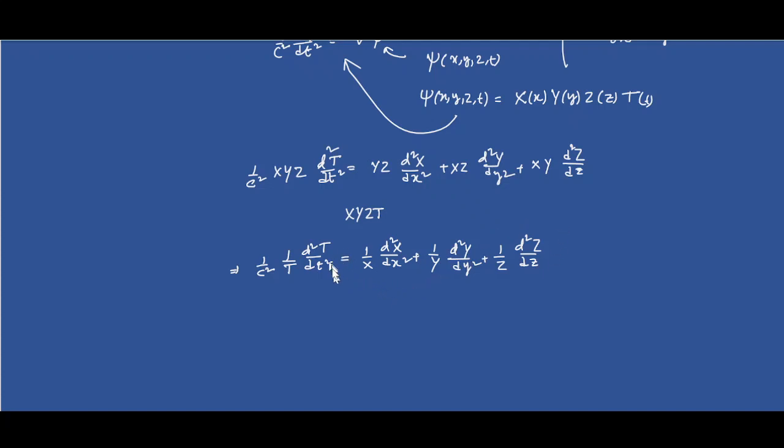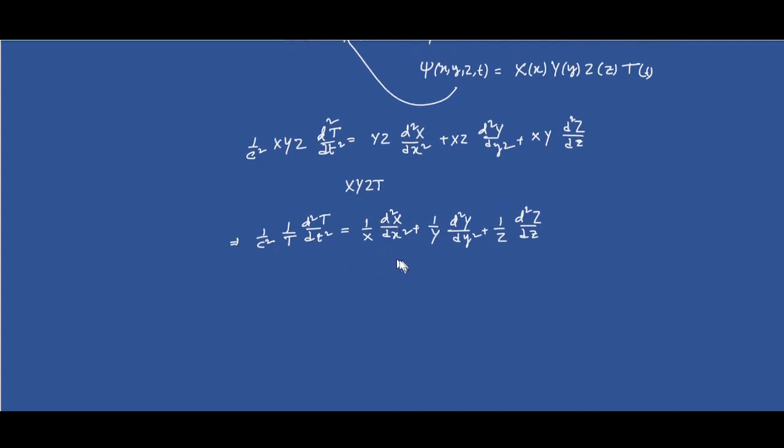So now, according to the rules of separation of variables, as this is a function of only x, this is a function of only y, this is a function of only z, and this is a function of only t. This is constructing an equation where t, x, y and z are all independent variables.